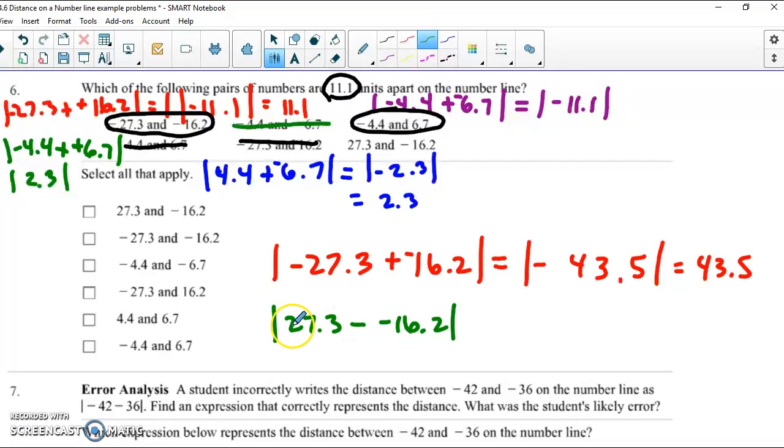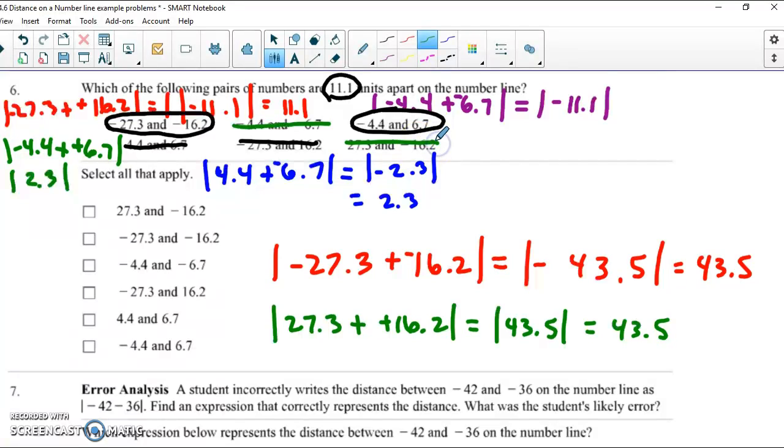So 27.3 stays the same. Minus becomes a plus, negative becomes a positive. So now I'm adding these. And I know from adding these that I'm going to end up with the absolute value of 43.5, which is 43.5.